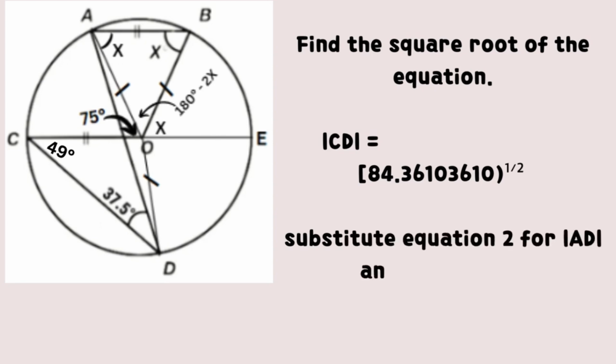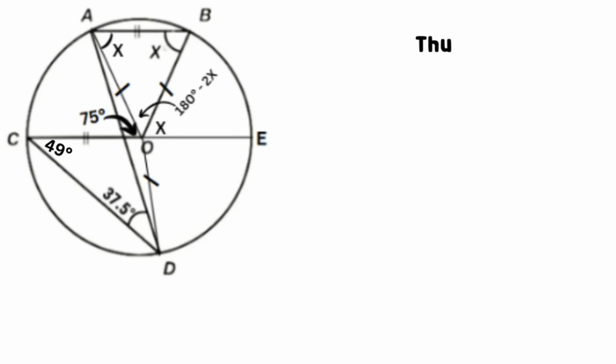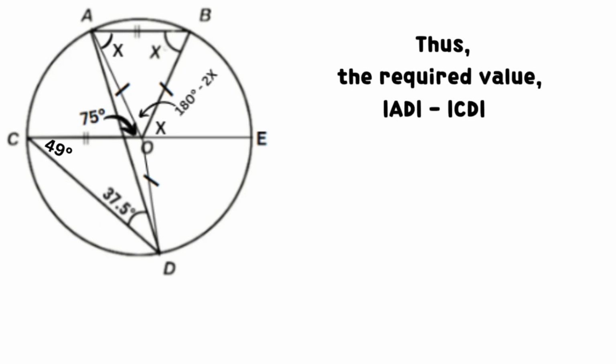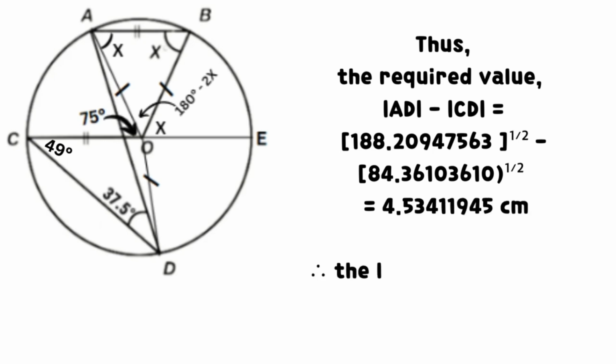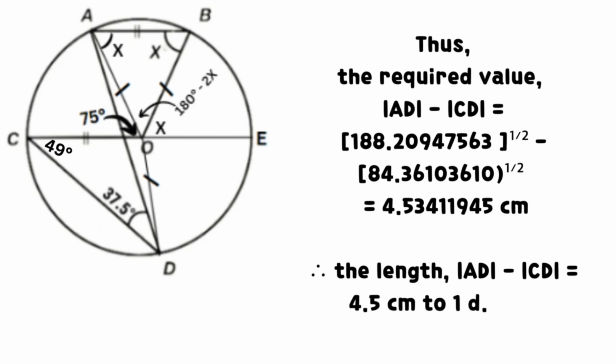Substitute equation 2 for the length of line AD and line CD above, respectively. Thus, the required length AD minus length CD, after simplification, equals 4.53411945 centimeters. Therefore the required length is 4.5 centimeters to 1 decimal place.